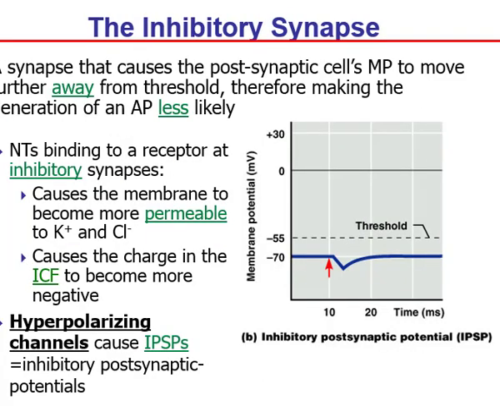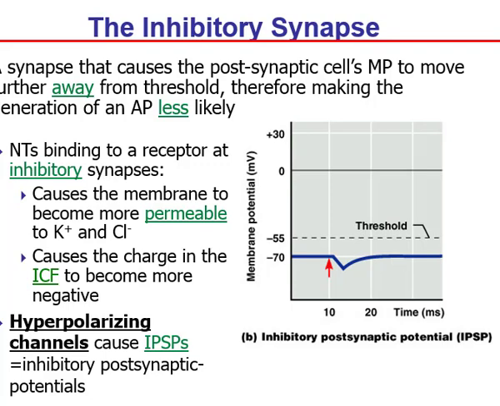At the inhibitory synapse, the postsynaptic cell's membrane potential will move further away from threshold, therefore making the generation of an action potential less likely to occur. Neurotransmitters binding to a receptor at an inhibitory synapse cause the membrane to become more permeable to potassium and chloride ions, causing the charge of the ICF compartment to become more negative.